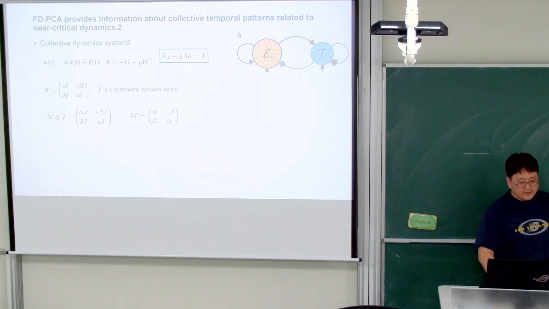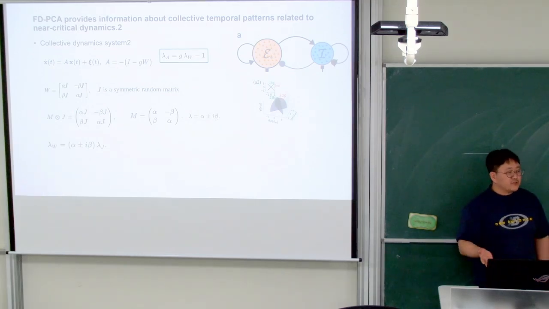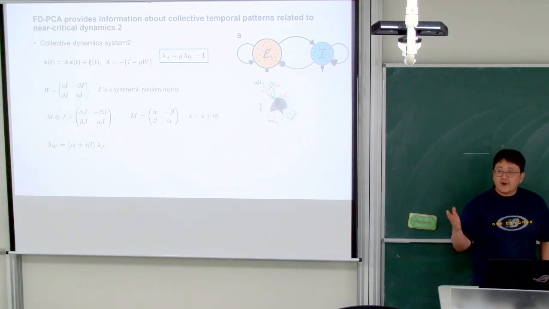If these two matrices, so what is the eigenvalue of this matrix? The eigenvalue of this W matrix is the multiplication of the eigenvalue of M and the eigenvalue of J. So if you calculate the eigenvalues from the M, then you will get this eigenvalue. And I already told you that J is the random matrix, right?